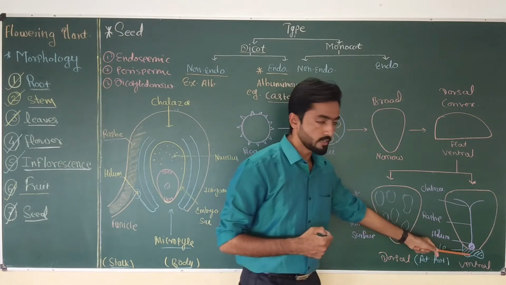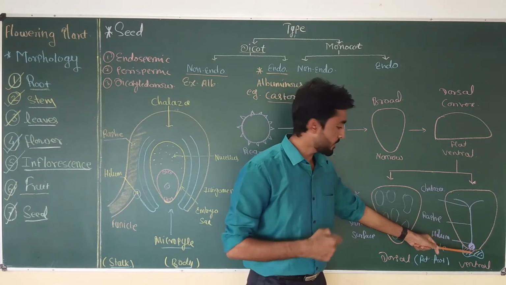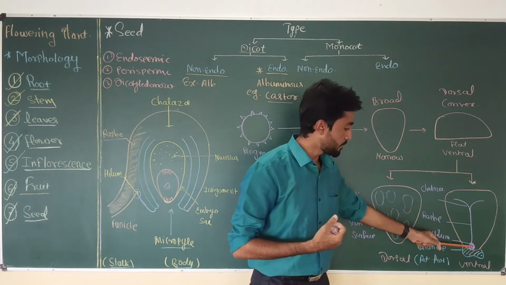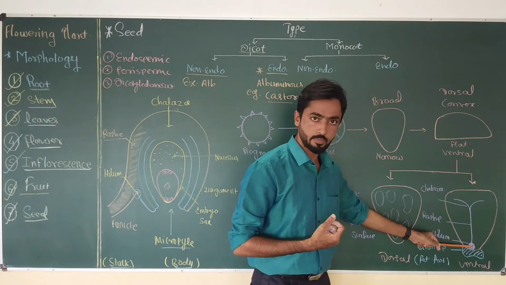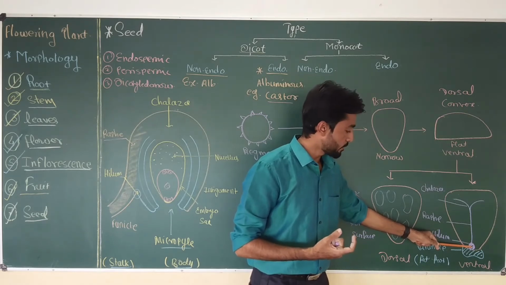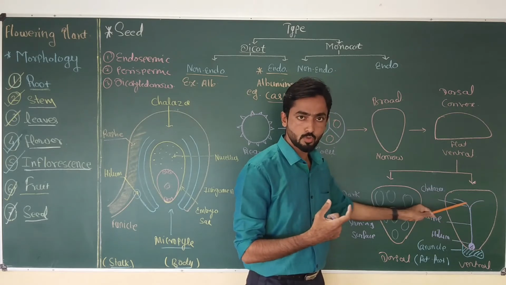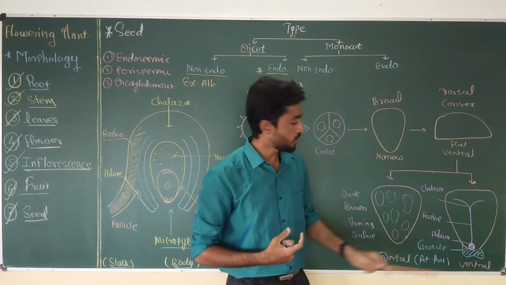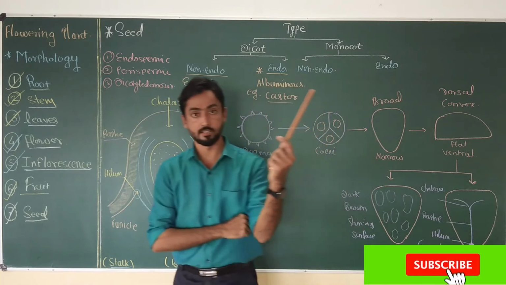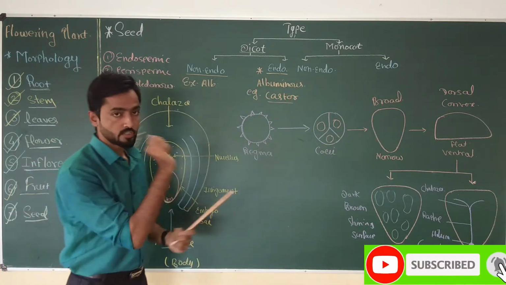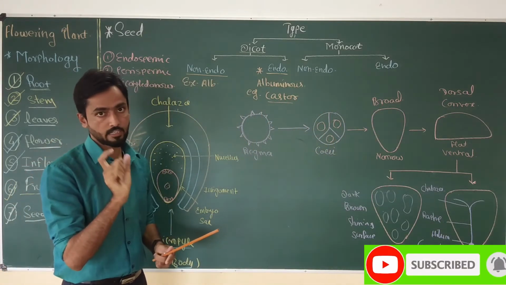Number one, caruncle. Within the caruncle, the micropyle is present, and above the caruncle, the small rounded hilum can be easily observed. Then from the hilum, a straight line appears called rape, which again divides into two, which is called chalaza. So all these structures are visible from the ventral side. So this is all about the external appearance of the castor seed.